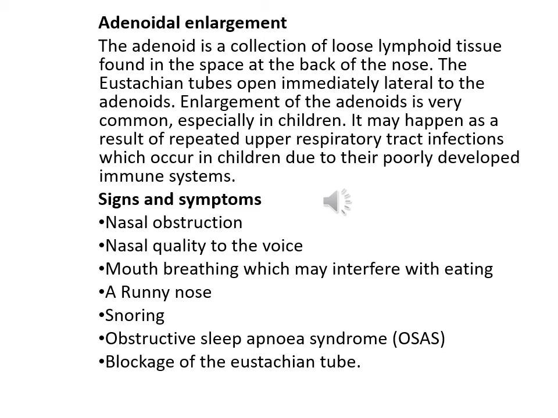You know the ear function is hearing, and there may be impairment of hearing by frequent attacks of acute otitis media or otitis media with effusion, so you should save the patient's ear by removing the cause of obstruction, because it causes obstruction to the eustachian tube in the nasopharynx, so it prevents drainage and is a source of infection to the ear. So adenoidectomy in this stage is important.